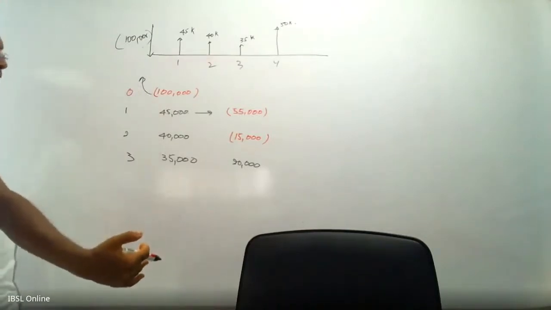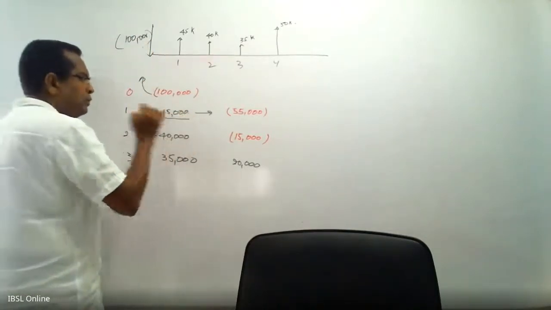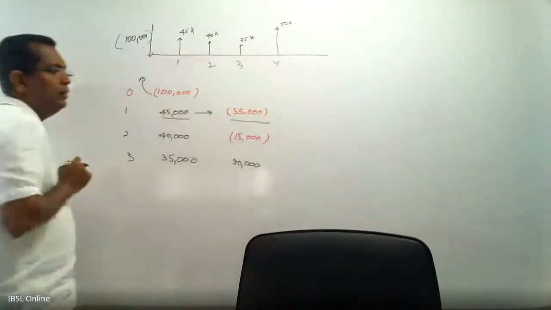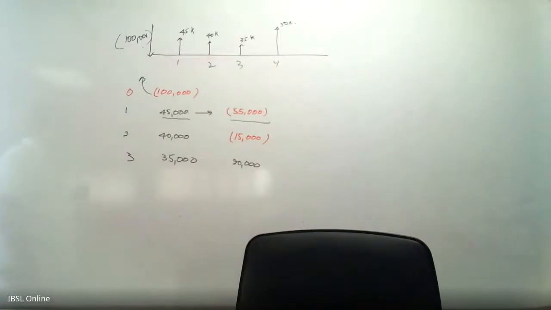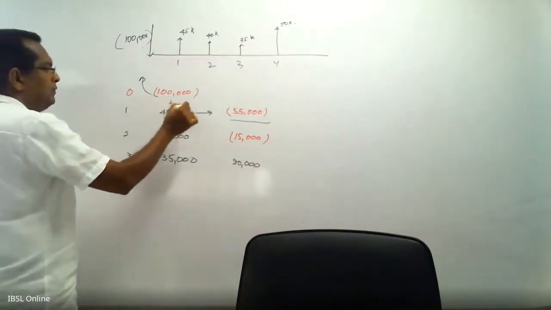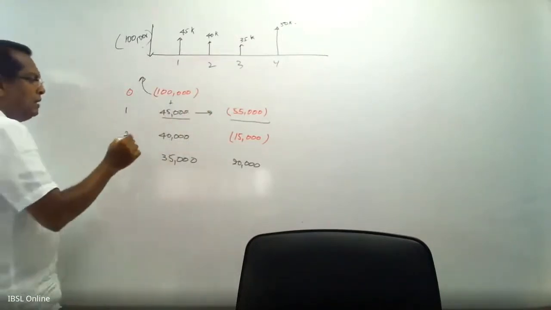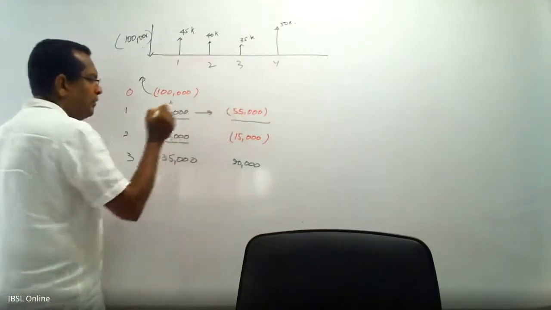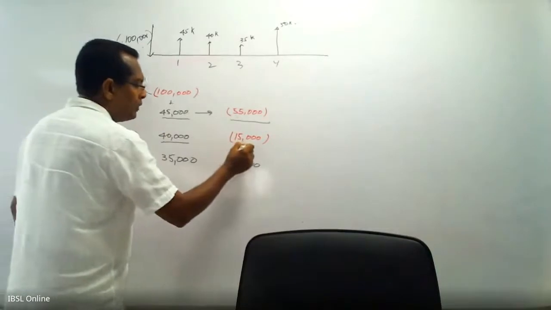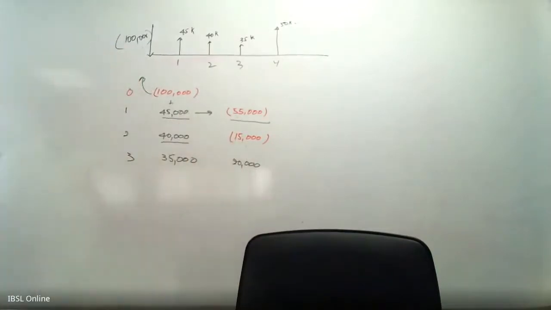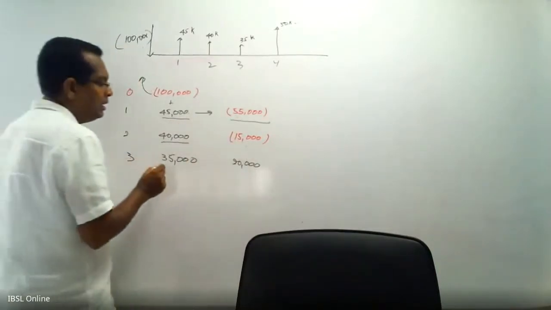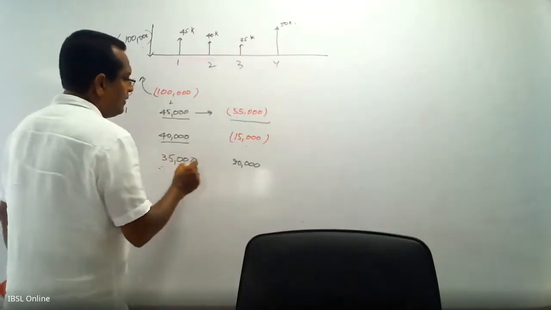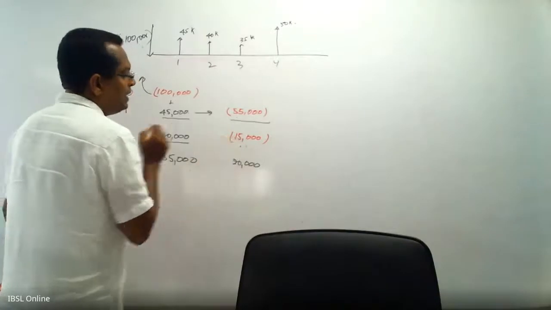You invest 100,000, then first year you get 45,000, you have to recover another 55,000. Then second year you get 40. Out of this 55, you recover 40. You have to get 15,000. Third year, you get 35, whereas you have to recover only 15,000.